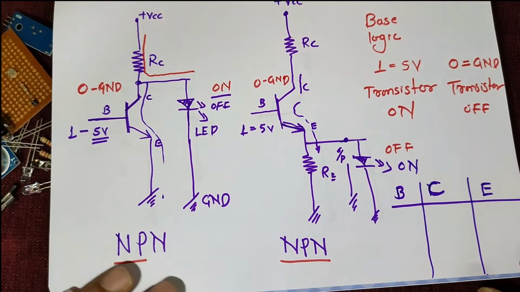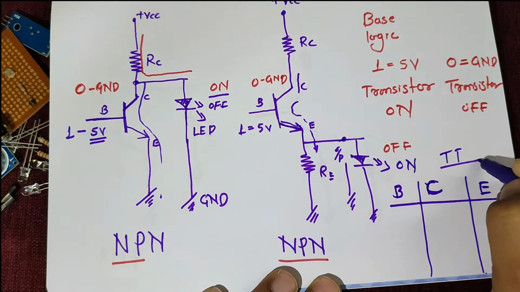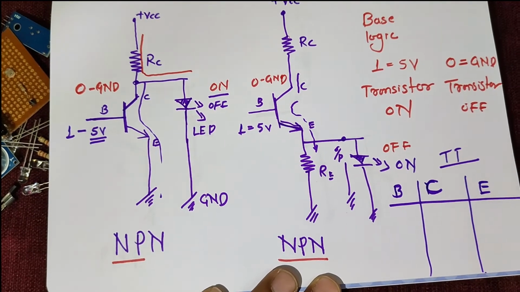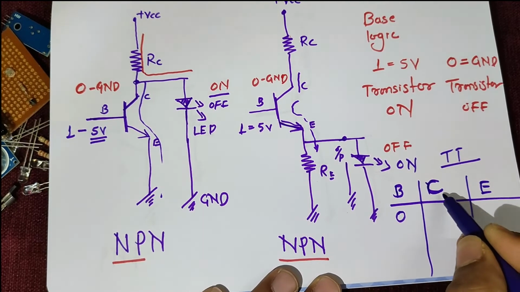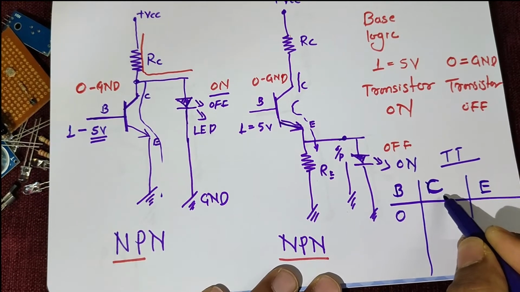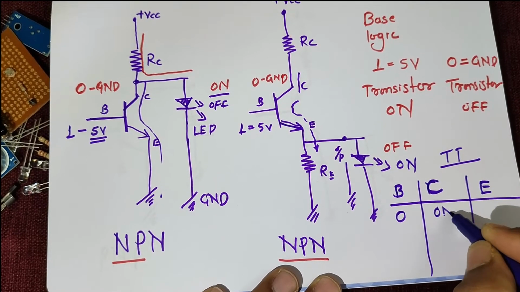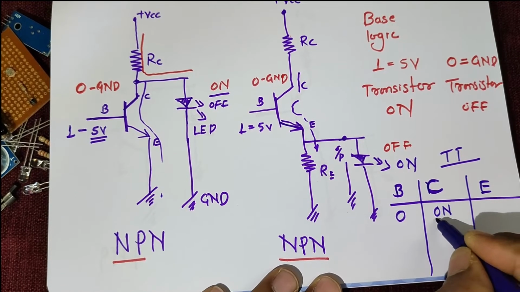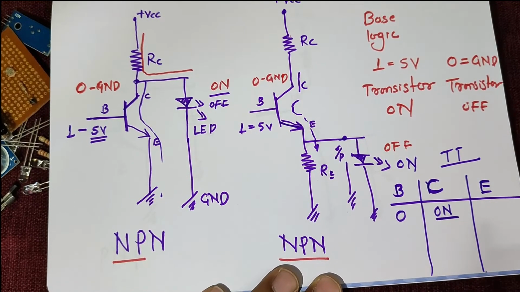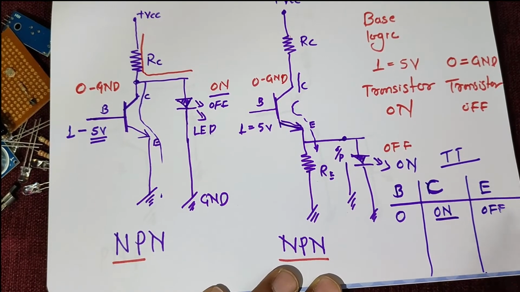Now let us summarize this with respect to the truth table. When the base logic is 0, and you are taking the output with respect to the collector, the output is on, and with respect to the emitter the output is off.